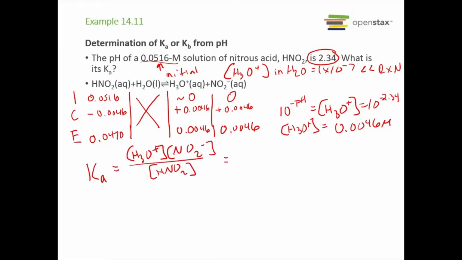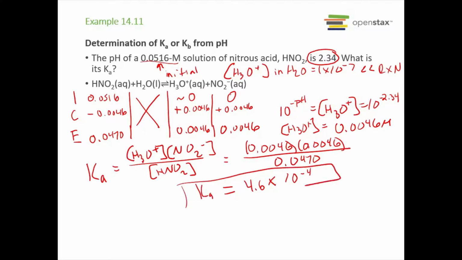So that means that we have our H3O, which is 0.0046 times NO2, 0.0046, divided by our acid at equilibrium, 0.0470. And so we get a Ka of 4.6 times 10 to the negative 4.